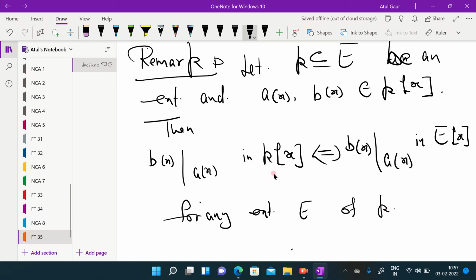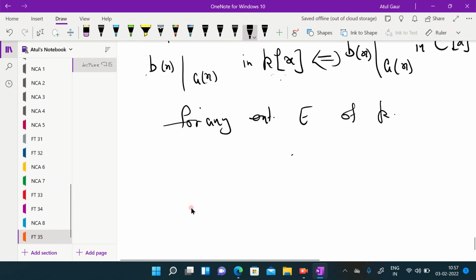So one thing is quite clear, because K[x] is sitting inside E[x], right? तो b(x) अगर a(x) को divide करता है K[x] में, that simply means कि you have b(x) into some c(x) equals a(x), and c(x) belongs to K[x]. तो c(x) K[x] में है, तो c(x) E[x] में भी है, a(x) में है, तो that means कि b(x) divides a(x) in E[x].